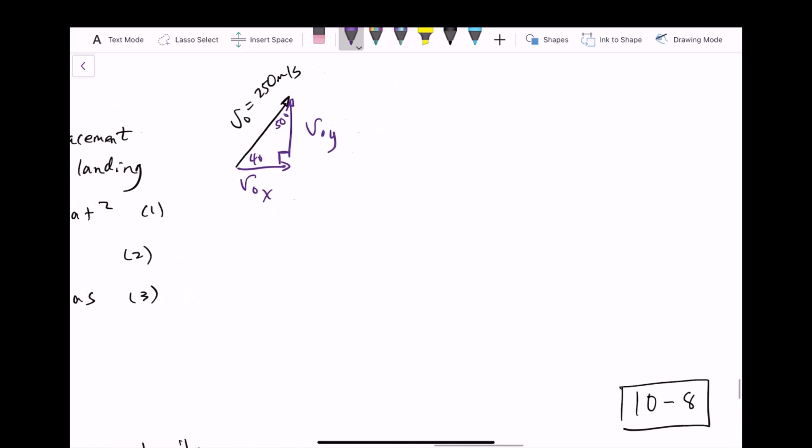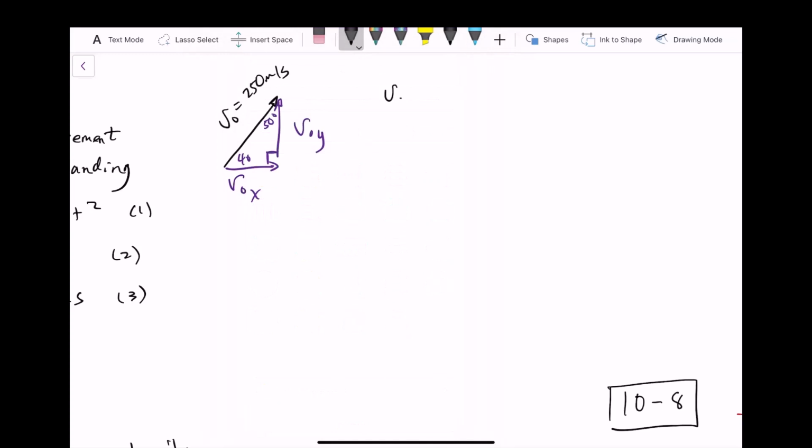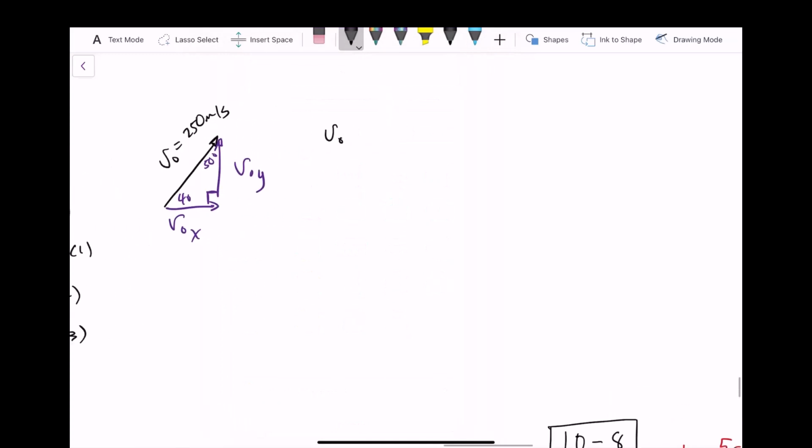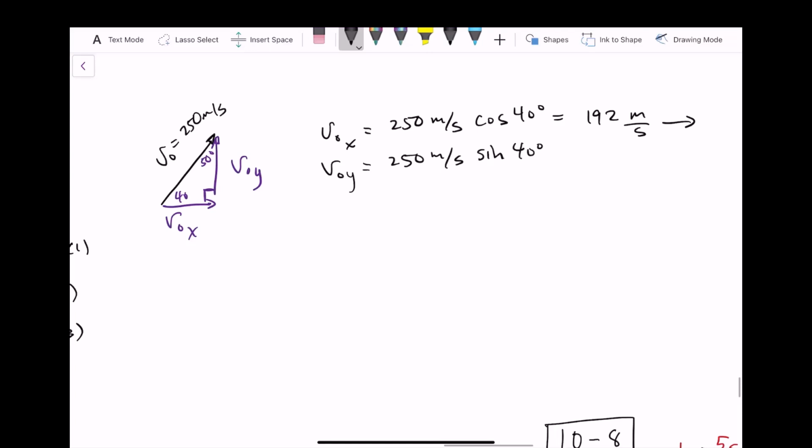And so as we did before, we are going to figure out our components. So v0x is equal to 250 meters per second cosine 40 degrees, which is equal to 192 meters per second to the right. And our v0y is equal to 250 meters per second sine 40 degrees, which is equal to 161 meters per second upwards.